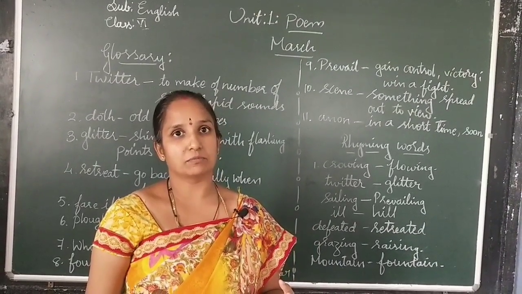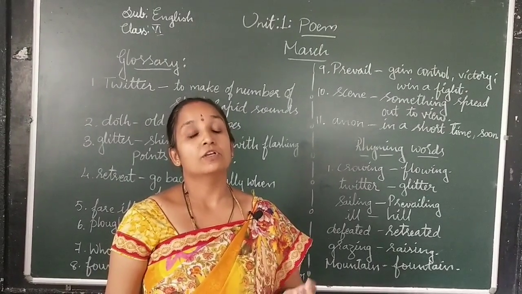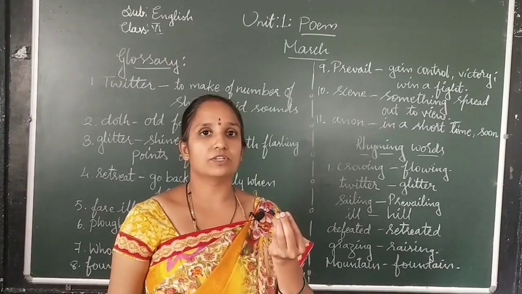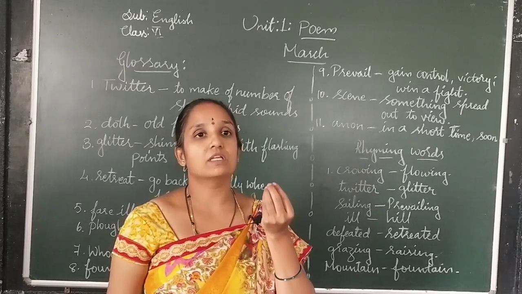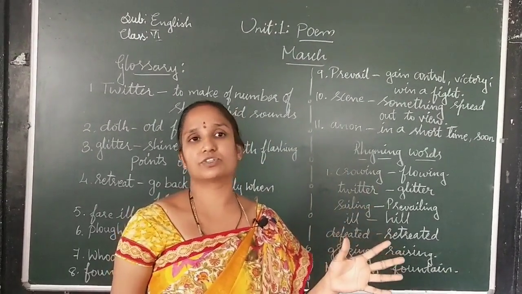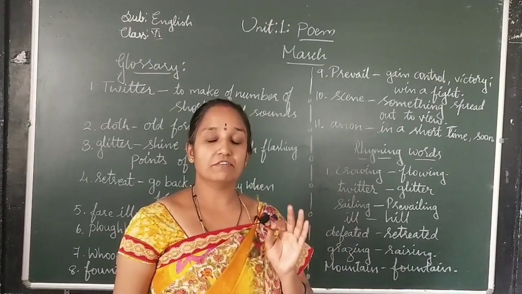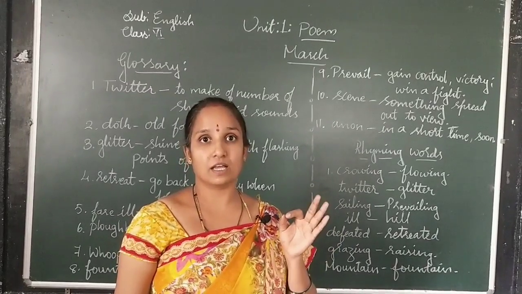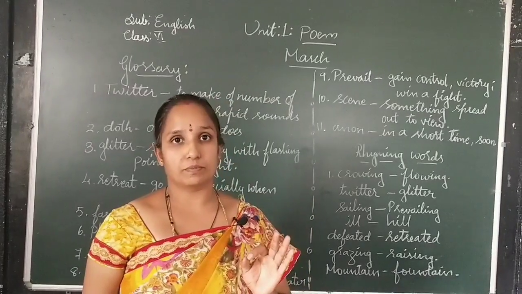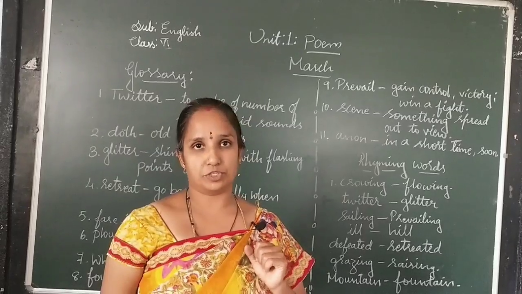In the month of March, the Vasanta Rutu has already entered, so almost all the trees bloom. New leaves are born and the whole tree turns green. So William Wordsworth is describing how the month of March is and what the people do in the month of March.